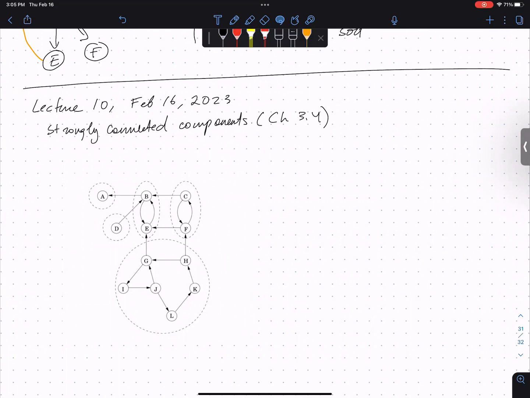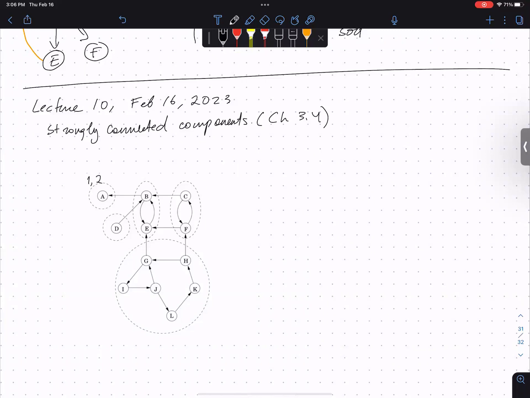Let's first refresh our memory and run depth first search on this graph. And so let's see what happens. We start with A. We open A. From A, notice there's nowhere to go.